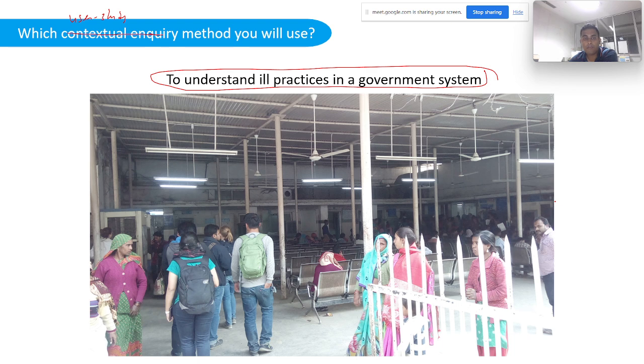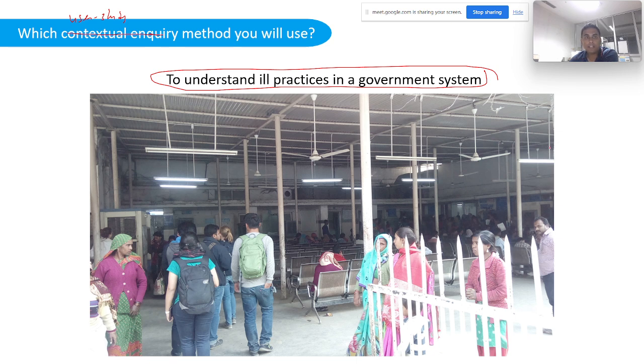Probably you will not find people cooperating with you, for communicating important factors or important issues in that system. Most of the time you will observe only issues when things go wrong. If someone faces certain issues, then only you will be able to recognize them, otherwise you'll be having difficulties.